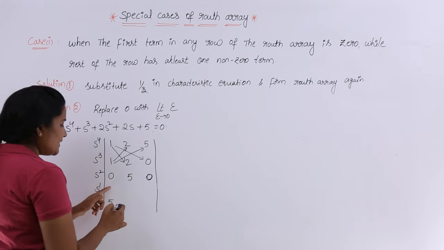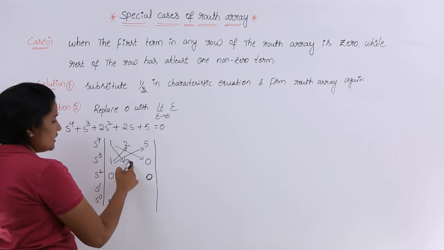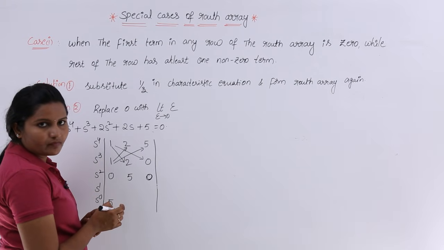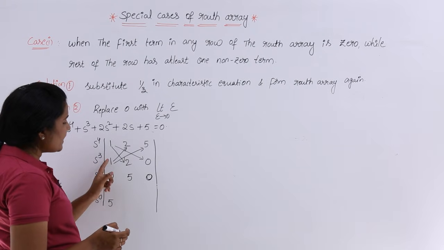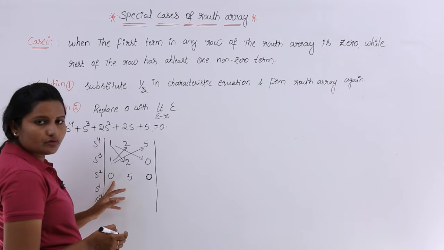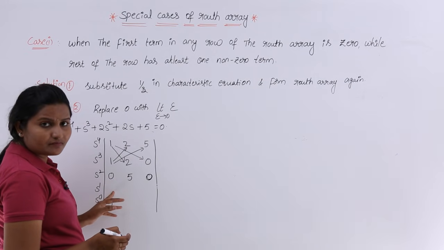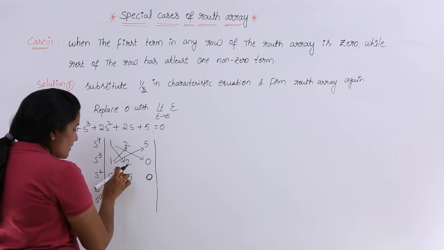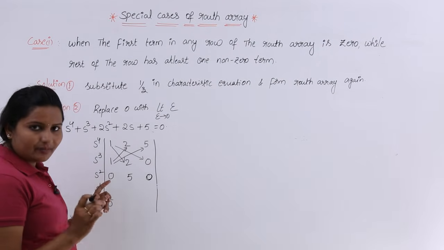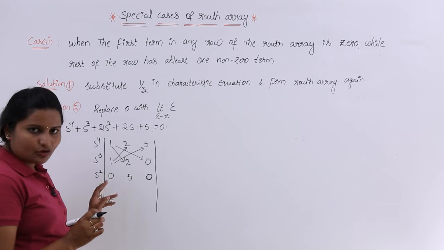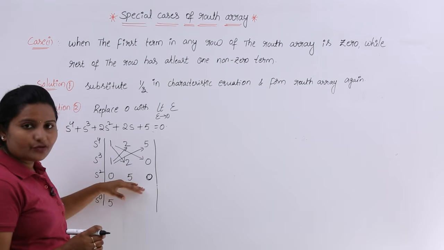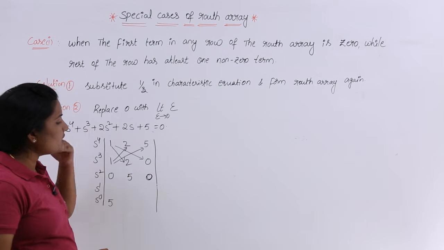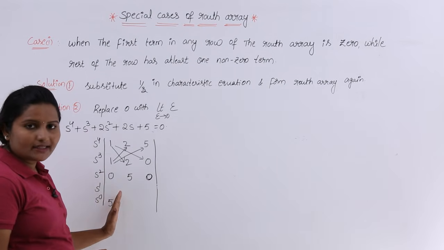Now to get the element here, 0 into 2 minus 1 into 5, you get some negative value. But whenever you observe the first element in a row is 0, you need to stop here and treat this as a difficulty and find the solution to get the accurate result.